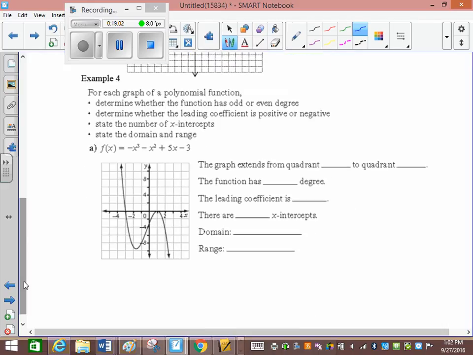Trace the following polynomial functions. Determine if the function is odd or even. If the arrows are going in opposite directions, it's odd. Even degree is both up or both down.